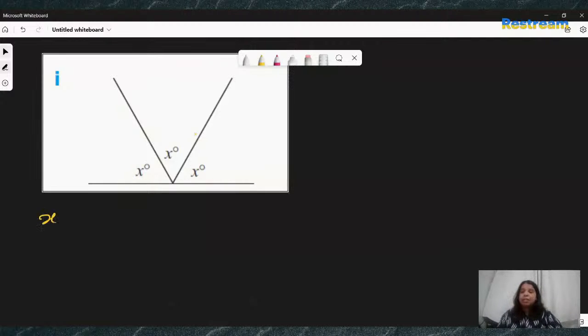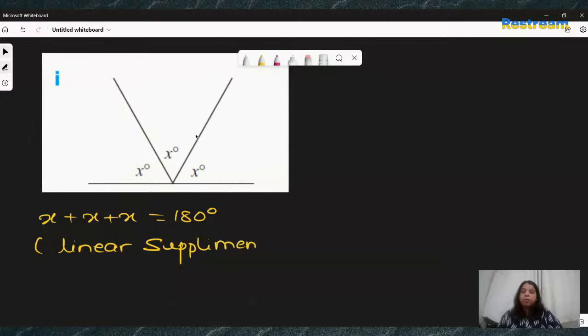So we have x plus x plus x equal to 180 degrees. Why? Because they are linear supplementary. So that means 3x is equal to 180 degrees, and x is equal to 60 degrees.